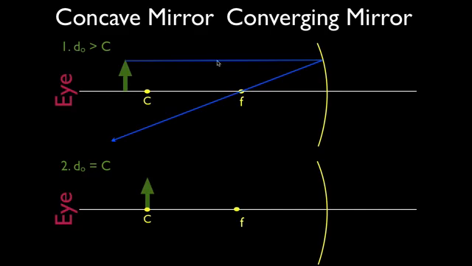This one has to be parallel, and when it's reflected off of the mirror, it must go through F. It's not some random angle. It's drawn so that it goes through F, and you should have a nice straight edge and a nice sharp pen or pencil, preferably, in case you make a mistake when you draw your ray diagrams. Okay, always use a straight edge. It's not a freehand sketch.